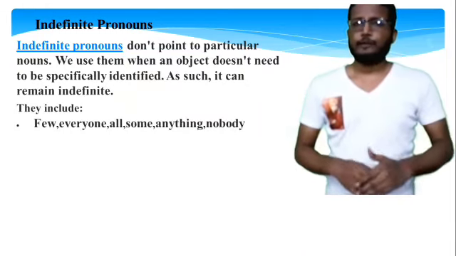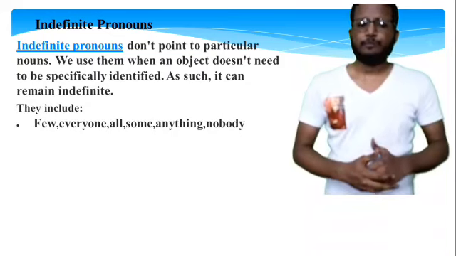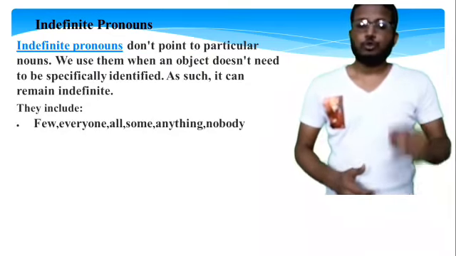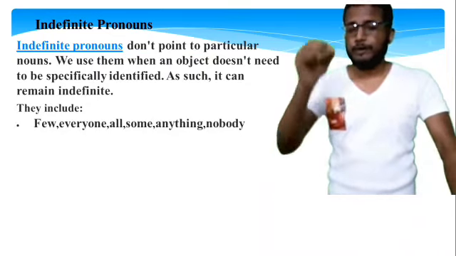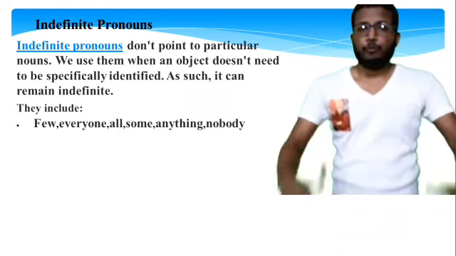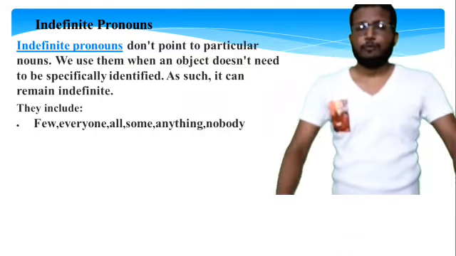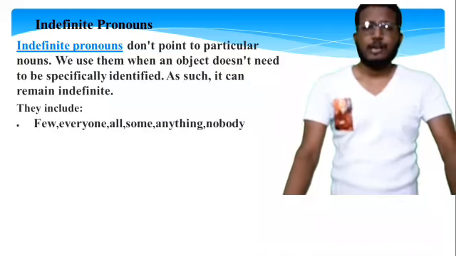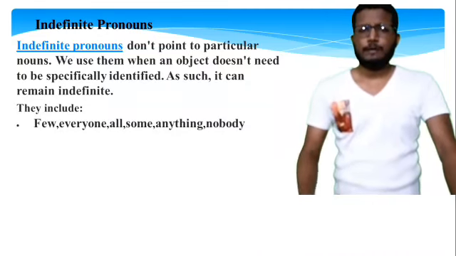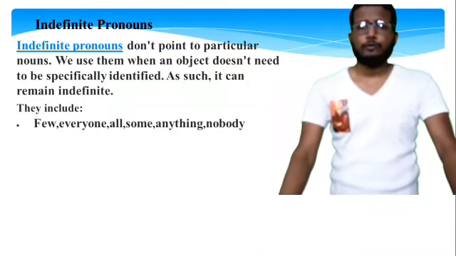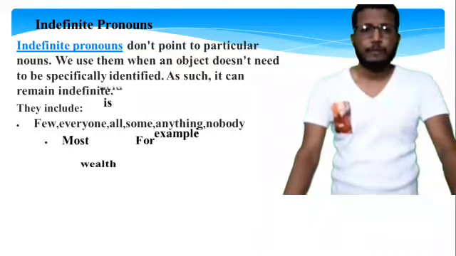First of all, I would like to discuss again the indefinite pronoun. Indefinite pronouns don't point to particular nouns. The particular one we are not talking about. For example, in class, if we have 10 boys or 10 girls and I need help, I may say that anyone please come. So I don't know who will come to help me, isn't it?